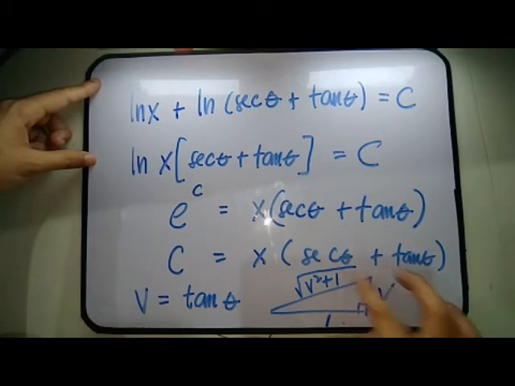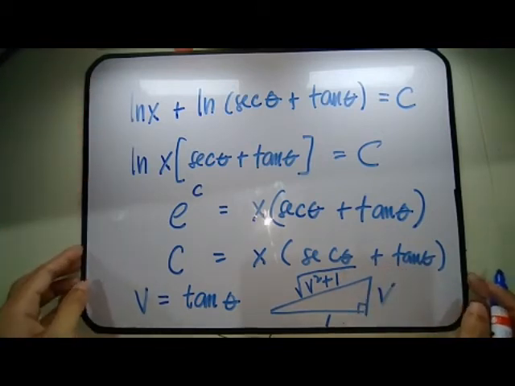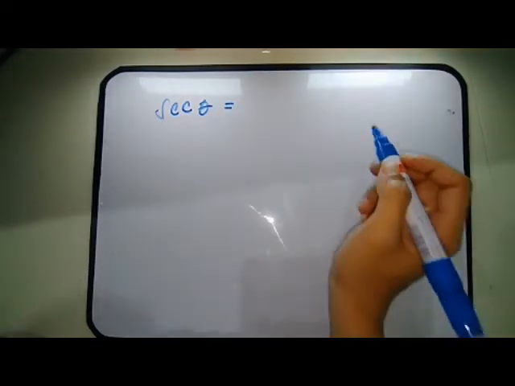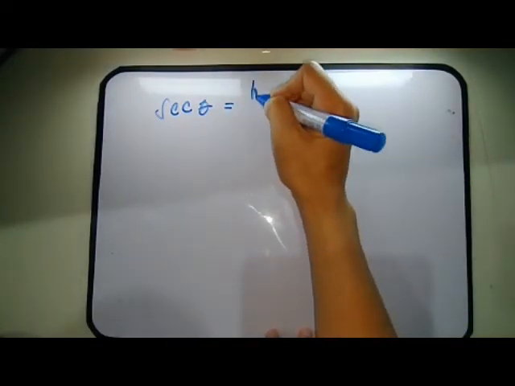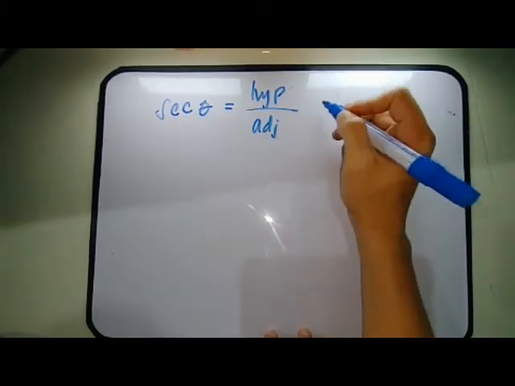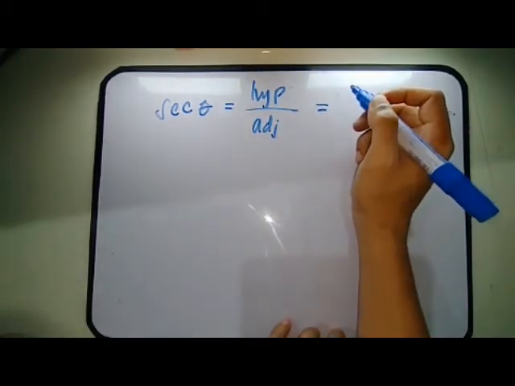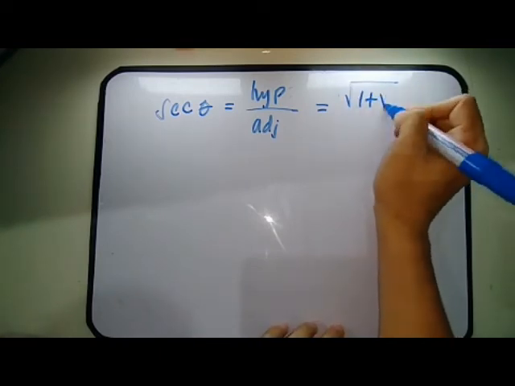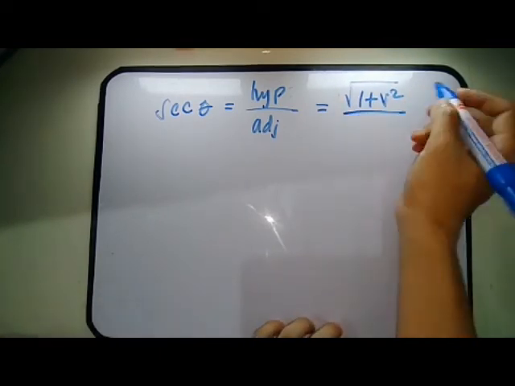So, 1 lang. So, 1 plus v squared. You have here, guys, secant of theta is actually equal to your hypotenuse all over adjacent. So, yung hypotenuse natin from our triangle, that is square root of 1 plus v squared. Then, yung adjacent natin is 1.